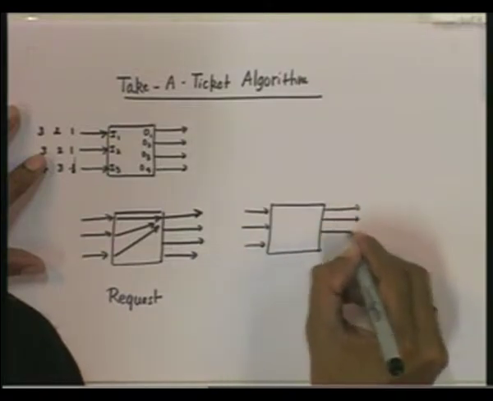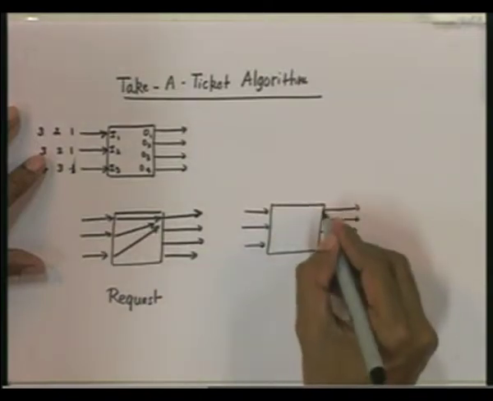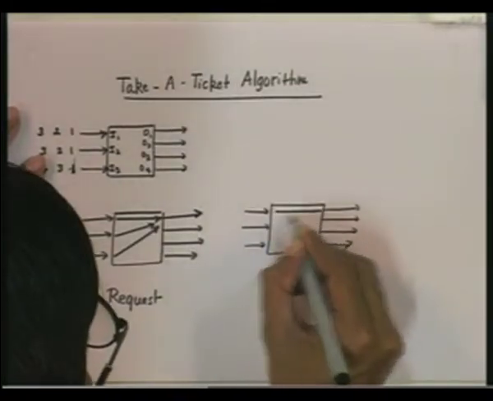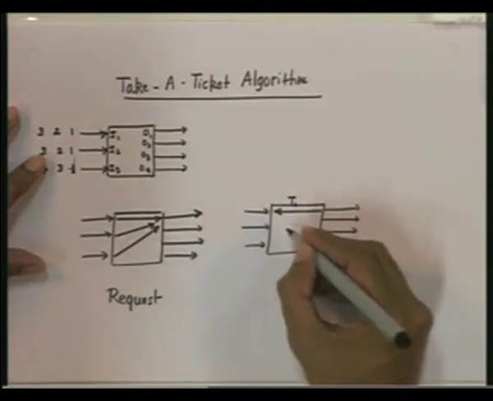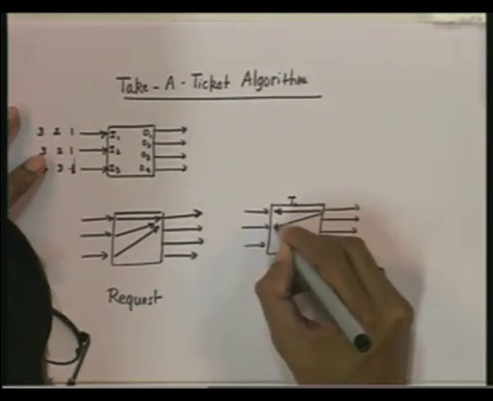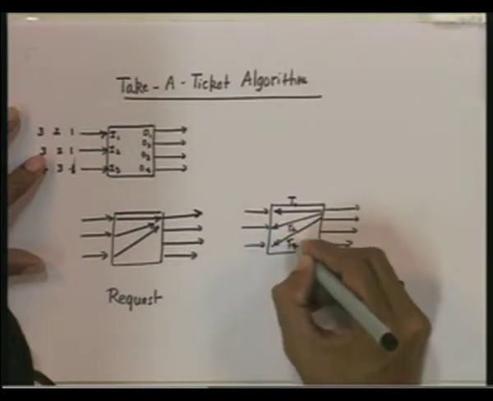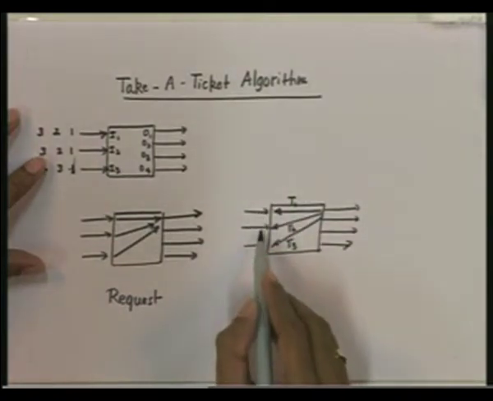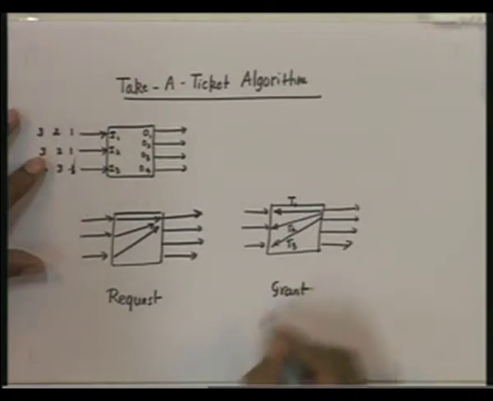Let us say the first grant is T1, meaning that input should send first; then it gives the grant T2, and then the grant T3. So input port 1 will first send a packet, then input port 2, and then input port 3. This is the grant phase.